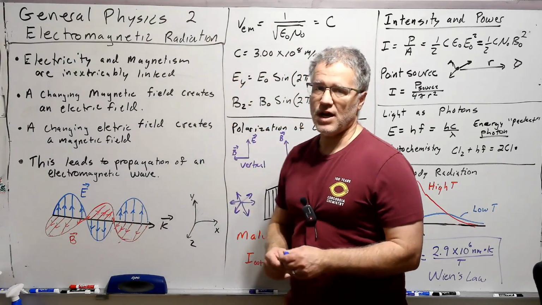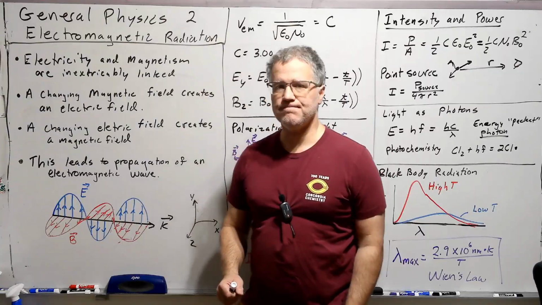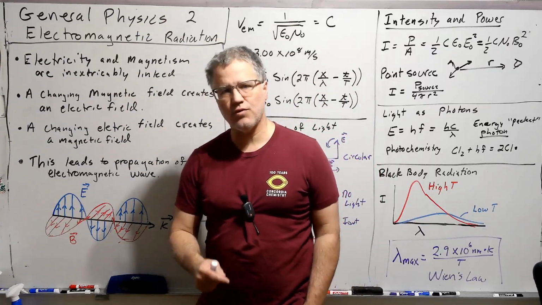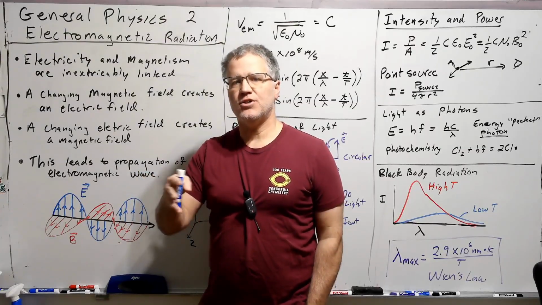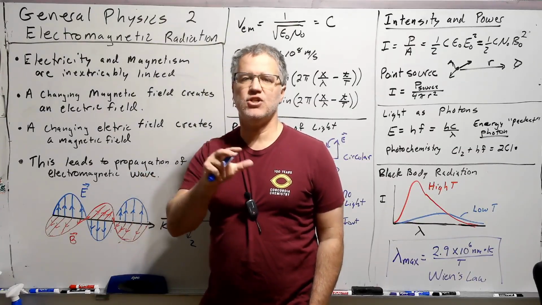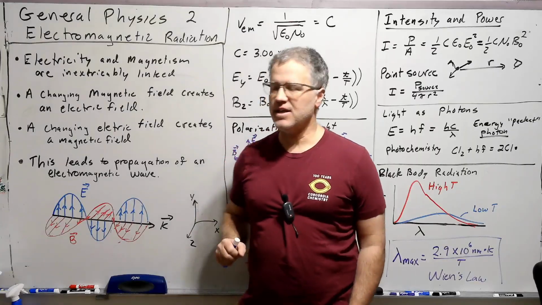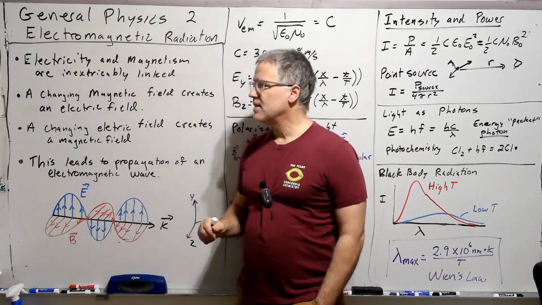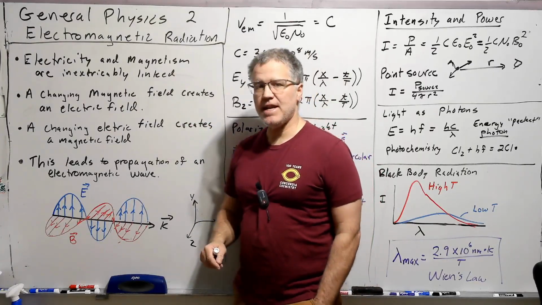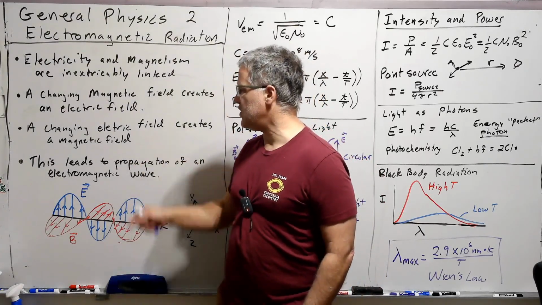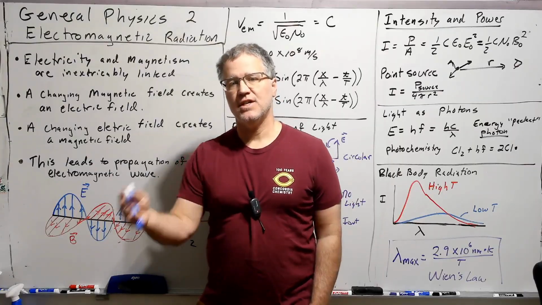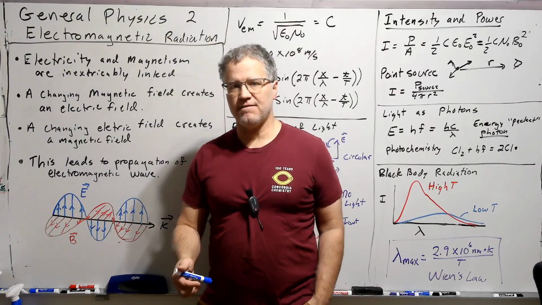Otherwise, we're going to talk about electromagnetic radiation. And as we've worked through electricity and magnetism, it should be clear that there's an intimate connection between those two. In fact, they are inextricably linked. Indeed, a changing magnetic field will induce a change in an electric field, and a changing electric field will induce a change in the magnetic field.